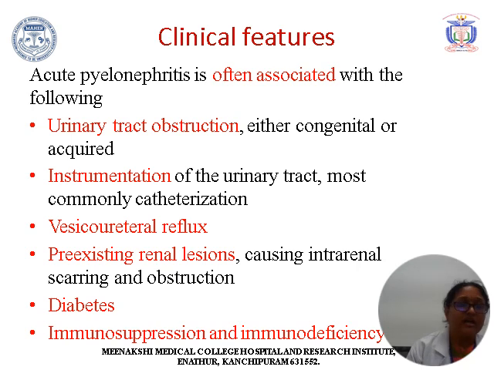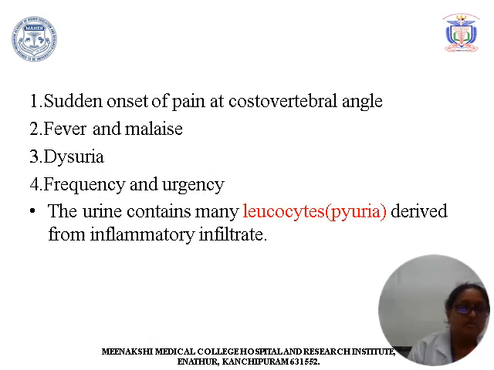Clinical features. It is often associated with conditions such as urinary tract obstruction, instrumentation, especially catheterization, vesico-ureteral reflux, pre-existing renal lesions such as intrarenal scarring and obstruction, diabetes, immunosuppression and immunodeficiency. The clinical features include sudden onset of pain at the costovertebral angle, fever and malaise, dysuria, frequency and urgency.